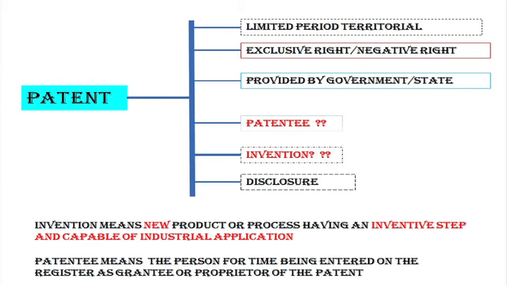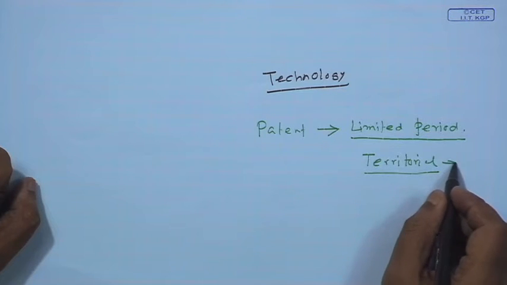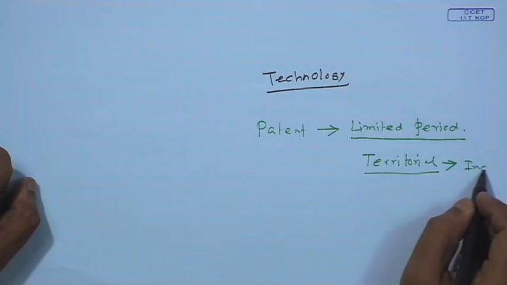You do not have any rights beyond India, because, as in the next point, it is provided by the government or state. So, who has given the right? If the Indian government has given the rights, your territory is restricted to India.